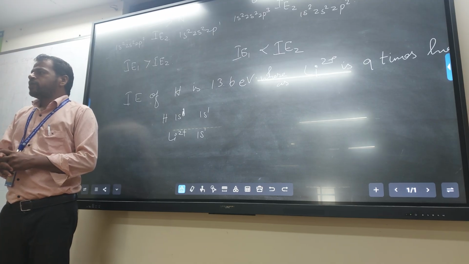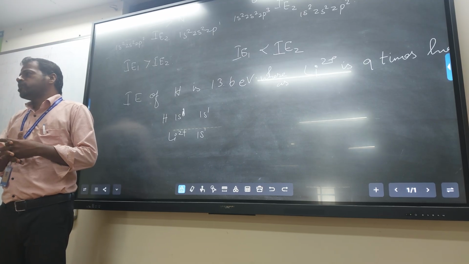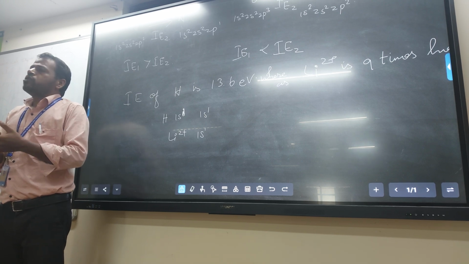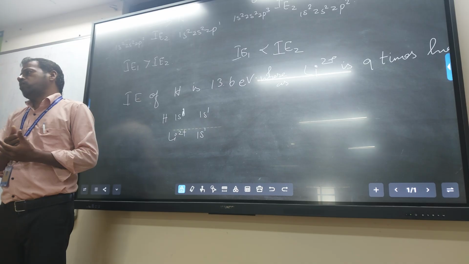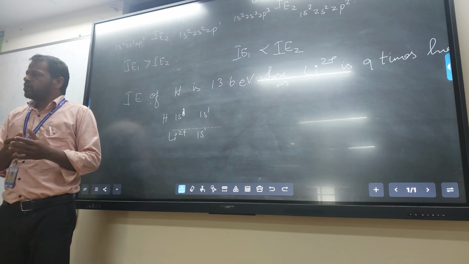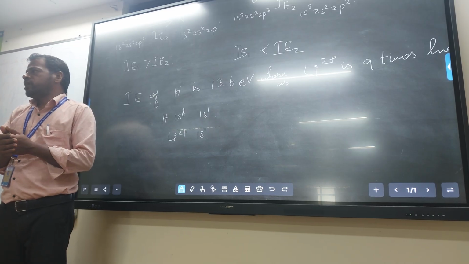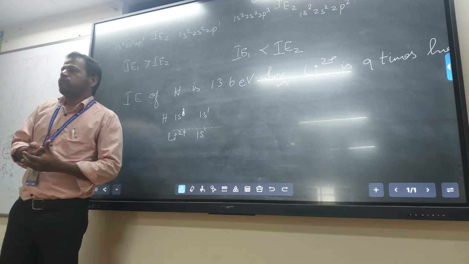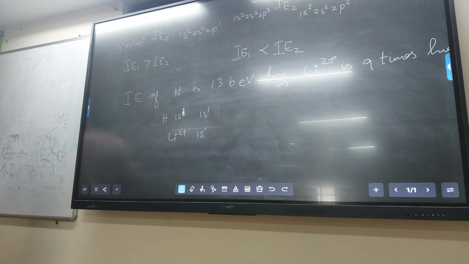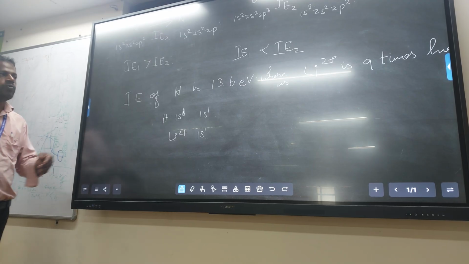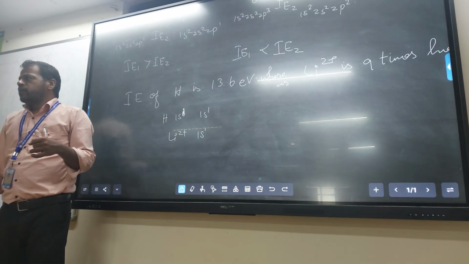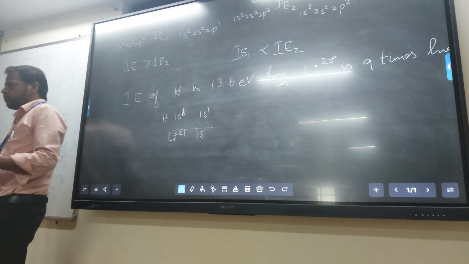So what happens? More effective nuclear charge is there. Okay, 2+: greater nucleus, very few electrons. So that electron is very close to the nucleus, hence we have to supply more energy than for hydrogen. For lithium 2+, it is 9 times higher, which means more than 100 electron volts.